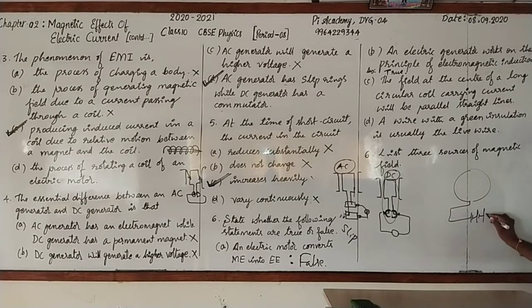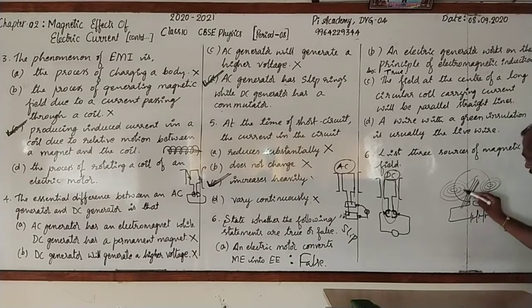Then when you pass electric current through this loop, the magnetic field is developed. We have already learned that experiment. And near the coil, the field lines will be concentric circles. But at the middle, it will be straight and parallel.